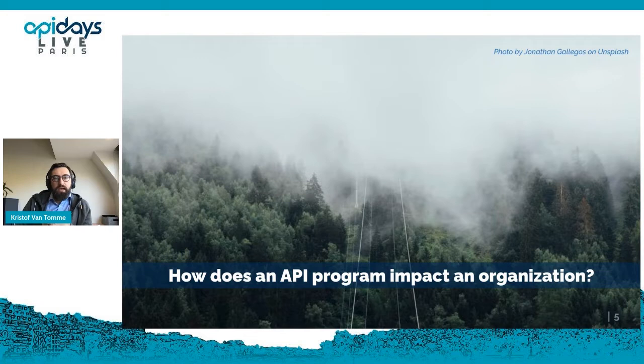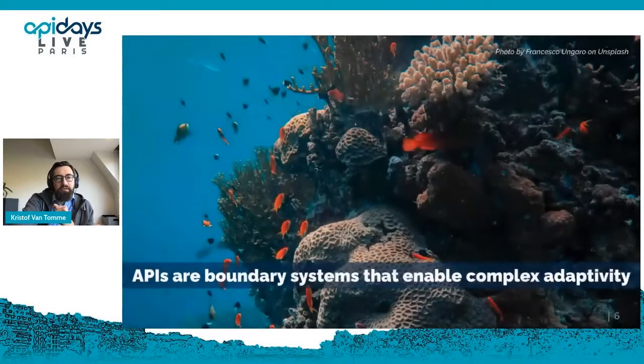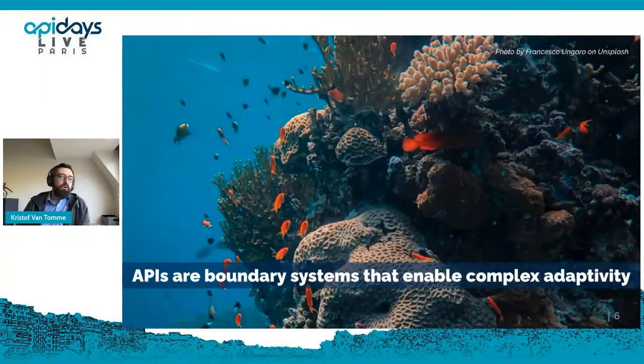Because how does an API program really impact an organization? How does it change an organization? I believe that it has a lot to do with this picture. You know these beautiful pictures. Coral reefs are amazing ecosystems. I believe this is kind of what we're doing when we're doing APIs.